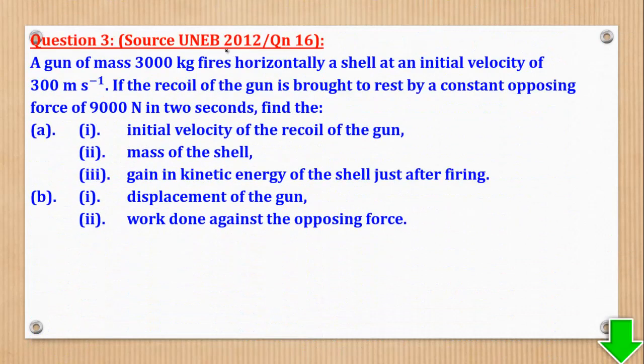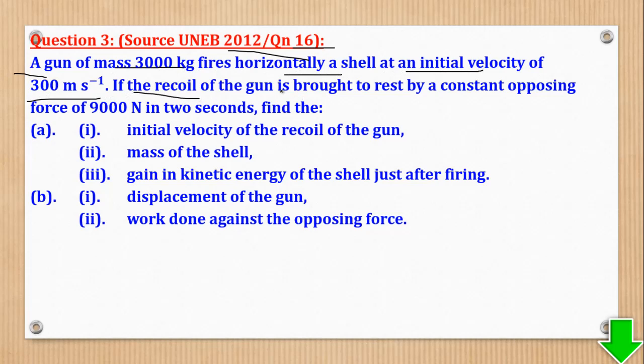Question 3 came from UNEB 2012 paper 2 question 16, and it says a gun of mass 3000 kilograms fires horizontally a shell at an initial velocity of 300 meters per second.